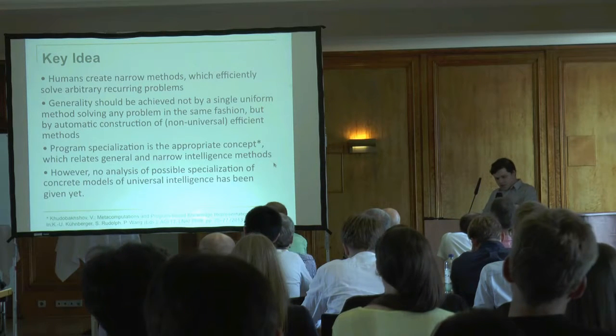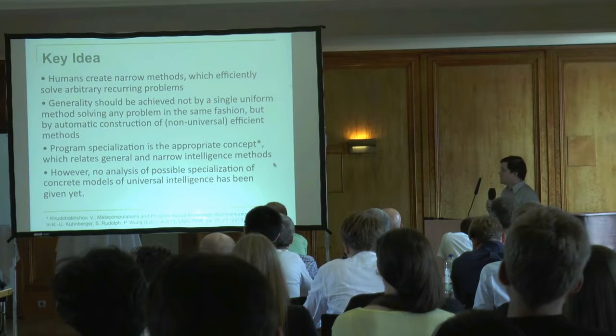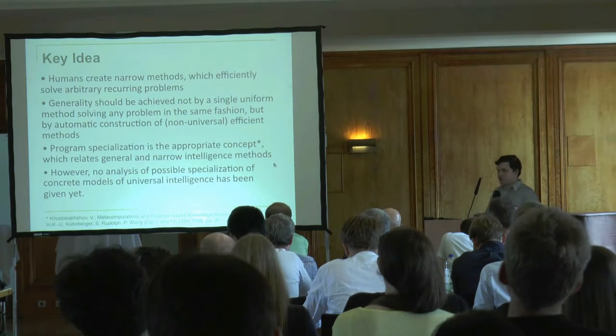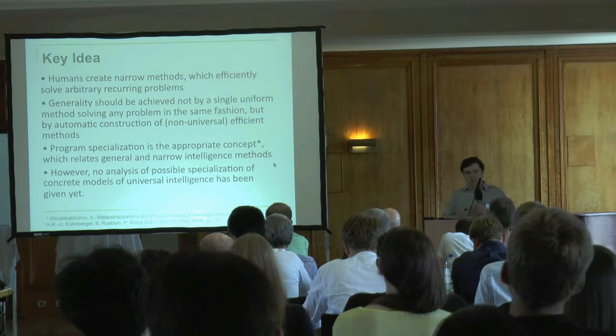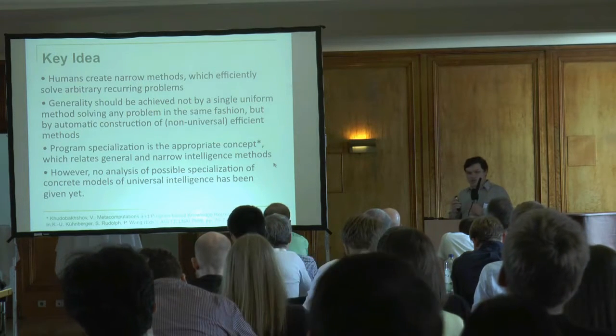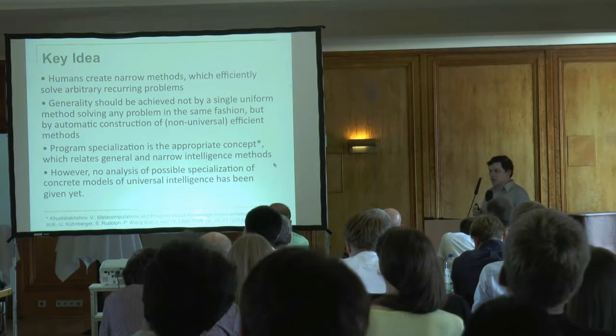And here one of my colleagues proposed an interesting idea based on specialization. Previous speaker also mentioned specialization, but here we are talking about specialization in a strict sense, as a construction of efficient projection.